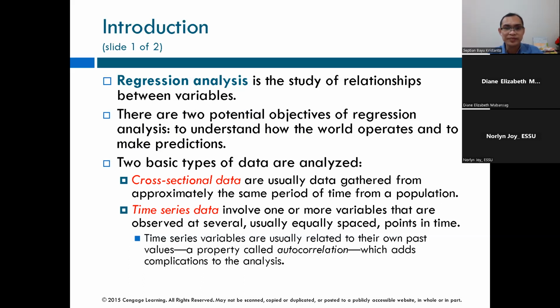The relationship among the variables basically comes from two types of data. It could be cross-sectional data, gathered from a specific population at one point in time, and then time series data.